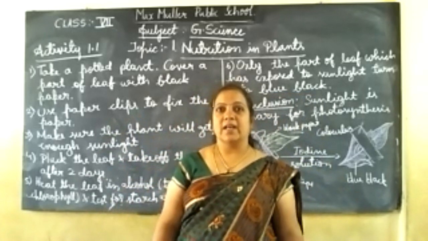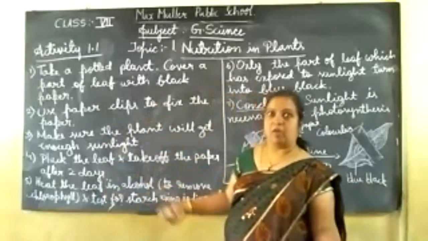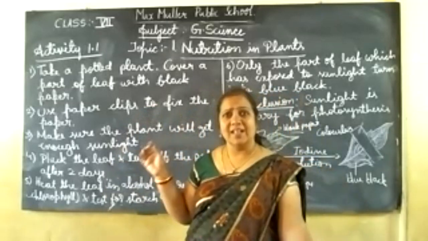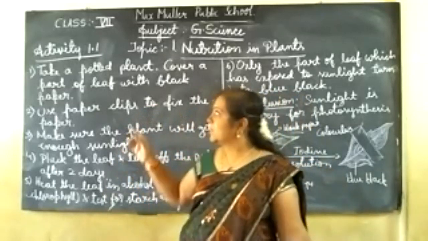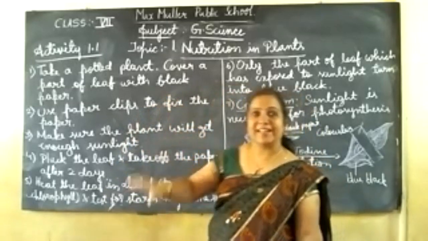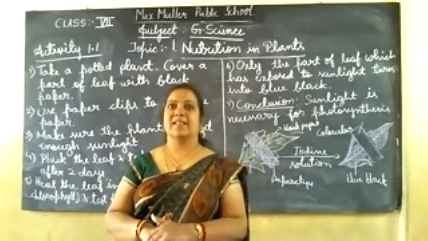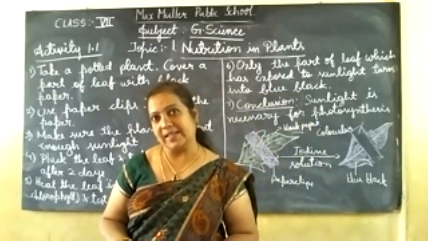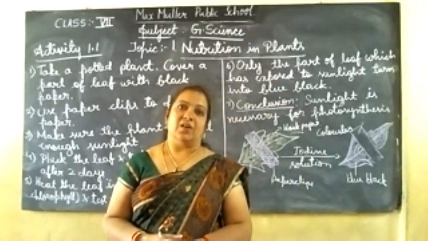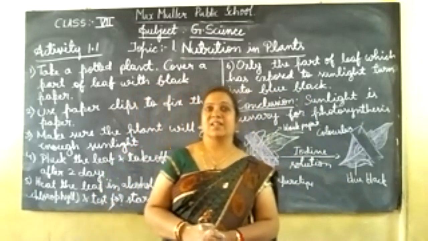That's why I have selected that experiment and written all the points, so that you can understand it in an easy way. This experiment is not fully there in your text. Only activity 1.1 is given and what you have to take, but how to conduct the experiment is not given. So you must write down all my points in your rough note, children.